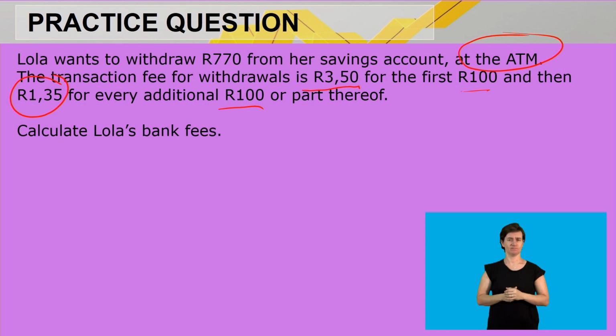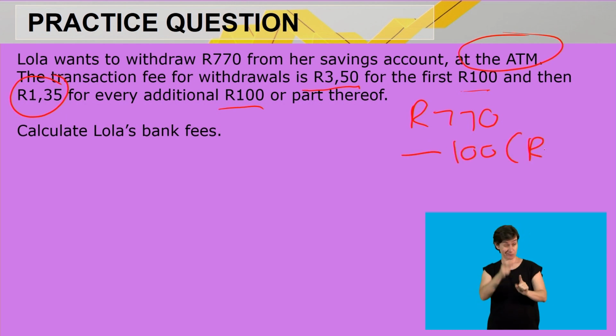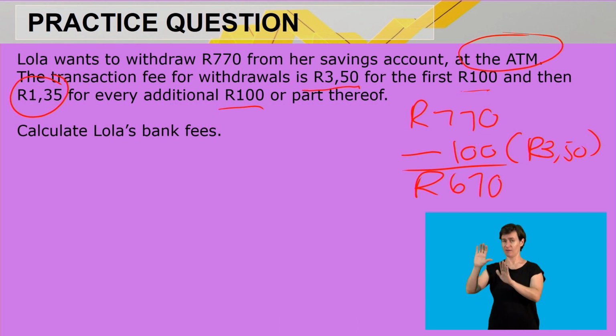So now what we need to remember is she wants to withdraw 770 Rand. For the first 100, she is going to pay R3.50. Then it leaves her with 670 Rand, where she's going to pay per 100 Rand or part thereof.